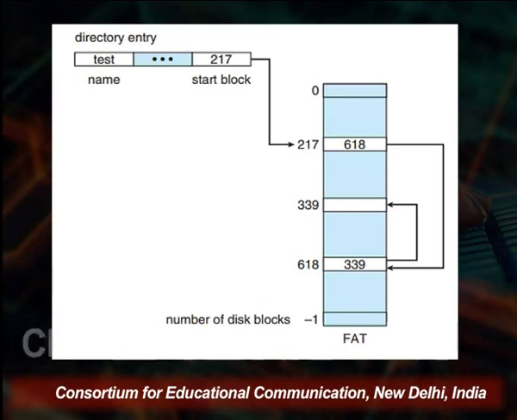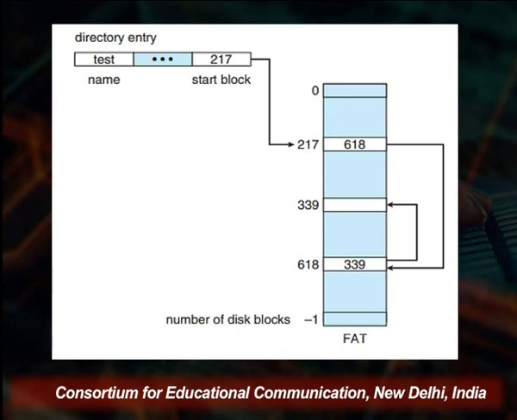These are block numbers, and then 339 does not direct further, so that is a kind of end of the file here. In this way the allocation is managed: within the file allocation table you have pointers from one particular block to another, giving a direction to the next blocks as well.